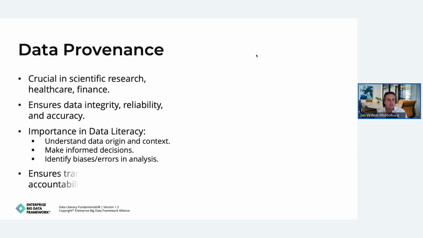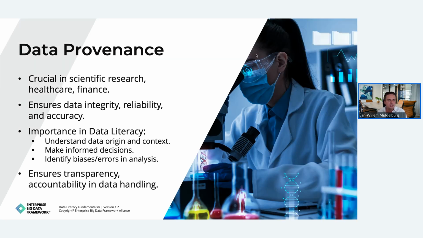So if we zoom in a little bit more on this, we see that data provenance is becoming a critical aspect in order to ensure the integrity, reliability, and accuracy of your data. And for that reason, it is extremely relevant in data literacy.